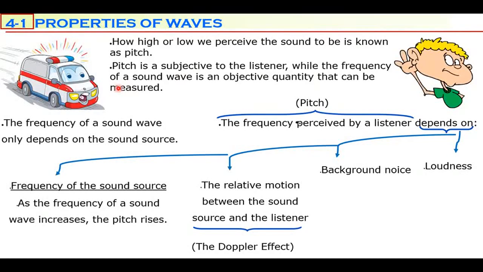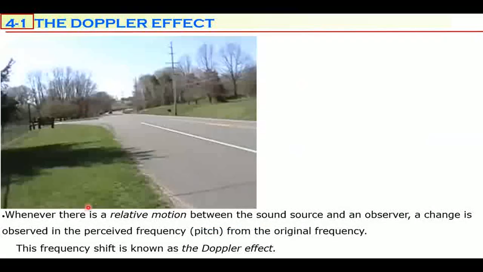And when there is a relative motion between the sound source and an observer, a change in frequency is observed. A change is observed in the frequency perceived by the listener from the original frequency. This frequency shift is known as the Doppler effect. Like as a car is approaching you, horning, you hear a different pitch.